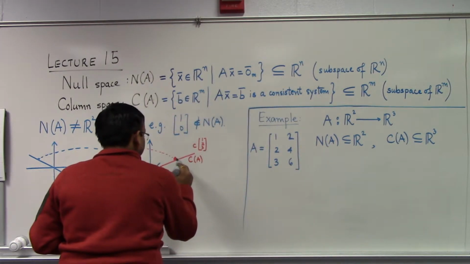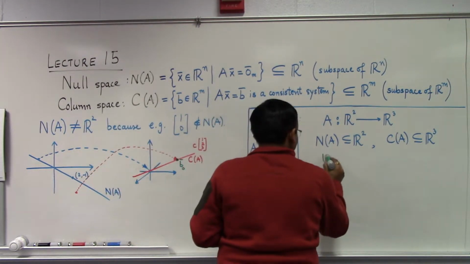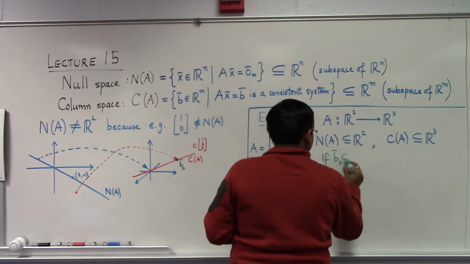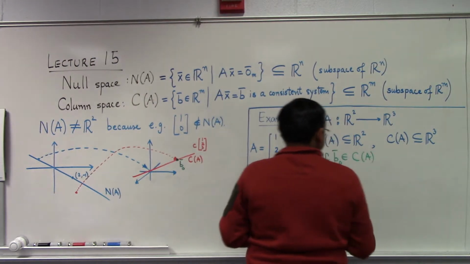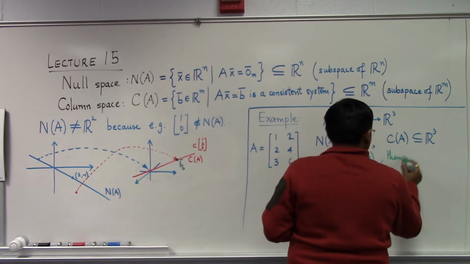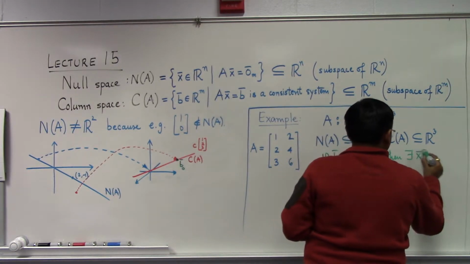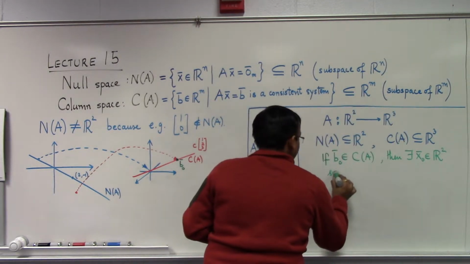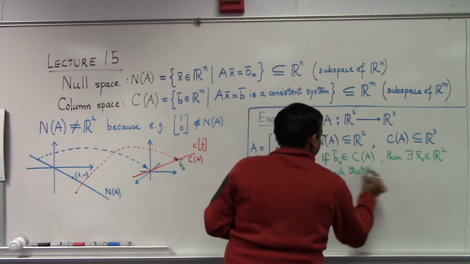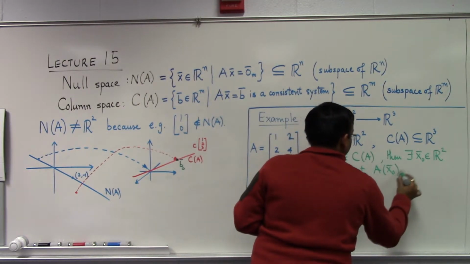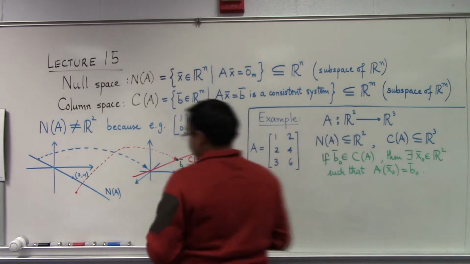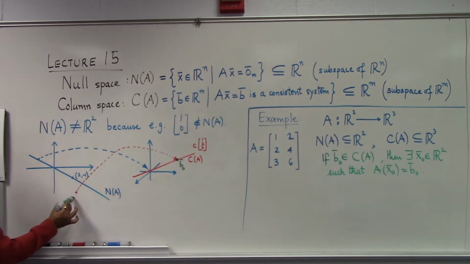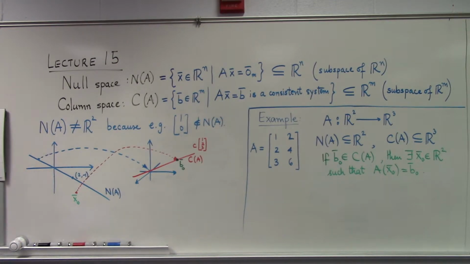Let me call this point B0. So if B0 belongs to the column space of A, then we know there must exist an X0 in R2 such that A of X0 will give me B0. This is what we have found so far, that there exists an X0 which would map to that B0 over there.